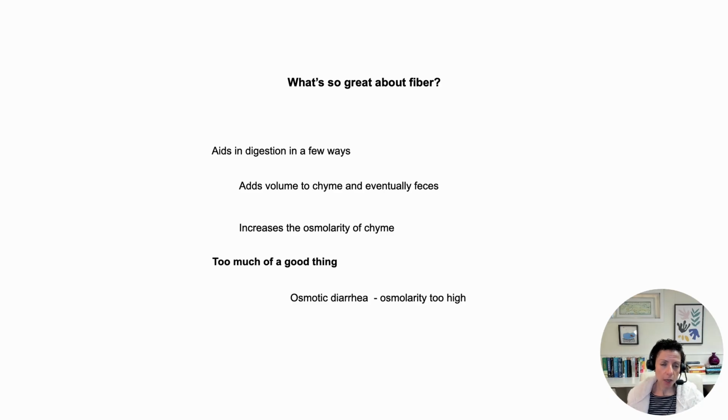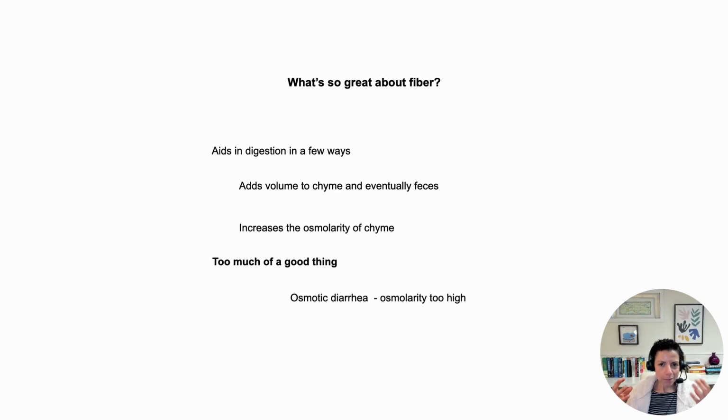Metamucil, if you've ever purchased or used Metamucil, or psyllium husk. Those are, chia seeds are also an example of water-soluble fiber. When you add that stuff to water, it dissolves and it forms a kind of gel. Water-soluble fiber helps to add to the bulk of your feces.